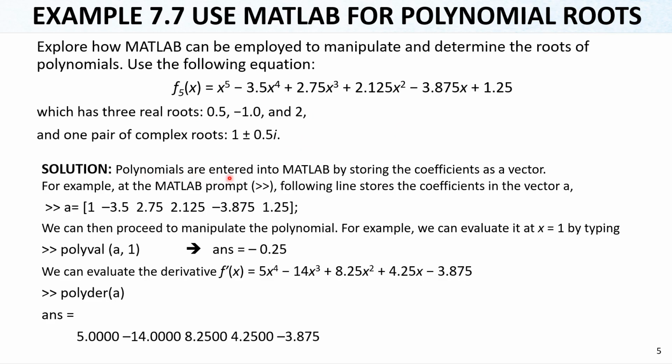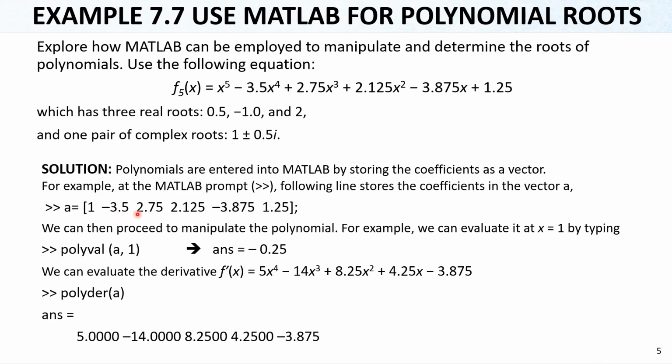So the polynomials are entered into MATLAB by storing the coefficients as a vector. So we will store these coefficients as a vector like this, all of them with the signs as well. And when we use polyval with a, and if we say x equals 1, actually we are just evaluating this function using these coefficients.